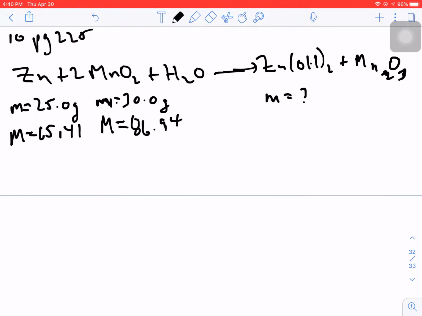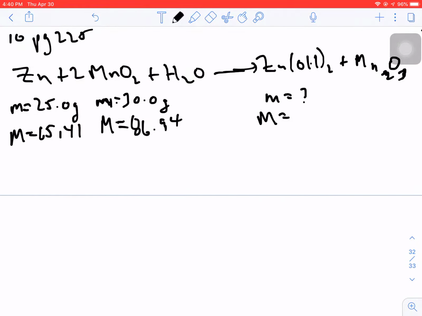Again, remember molar mass is exactly that. It's the mass of 1 mole, not the mass of 2 moles, not 2 Mns and 4 O2s. I want 1 mole. It's 1 Mn and 2 O2s. So there's my 86.94. And then my molar mass for my product, zinc hydroxide, Zn(OH)2.